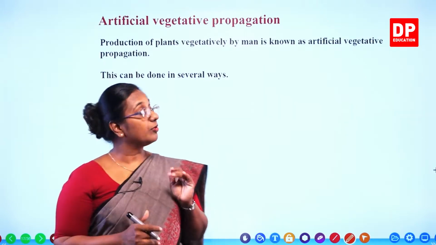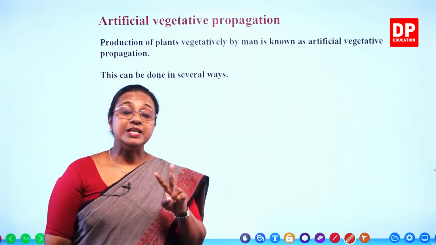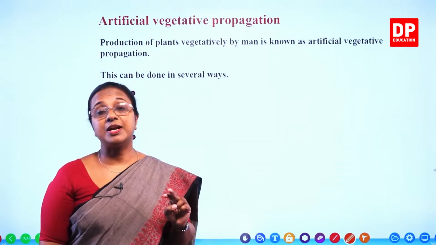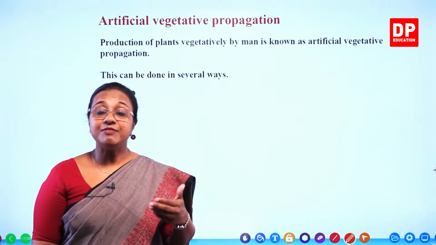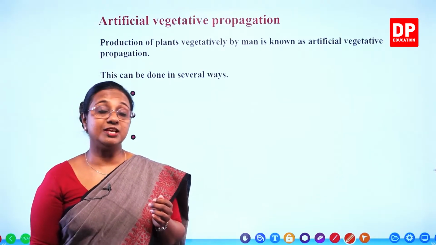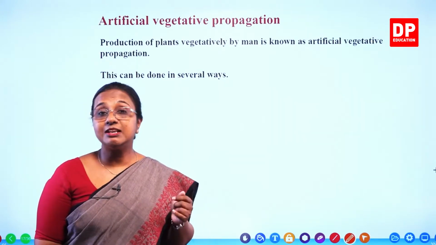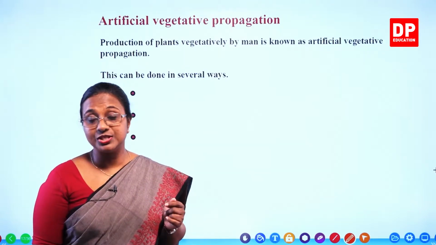Now, I am going to discuss the artificial vegetative propagation. When we discuss the vegetative reproduction of plants, I told you all, if it happens naturally, then it is going to be the natural vegetative reproduction. But here we will use one of the vegetative parts in order to reproduce the plant.